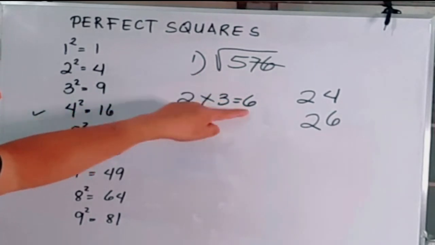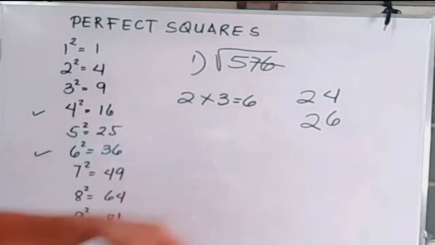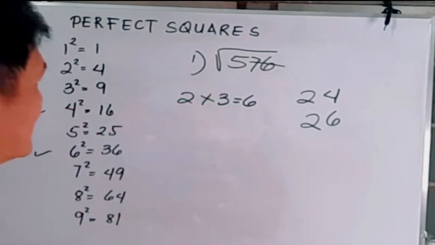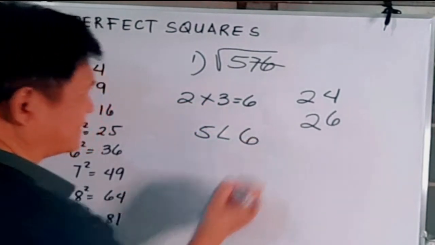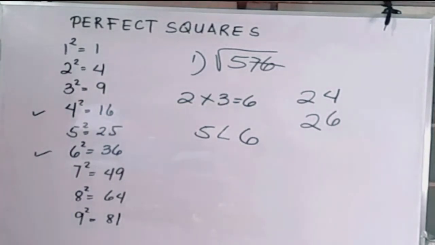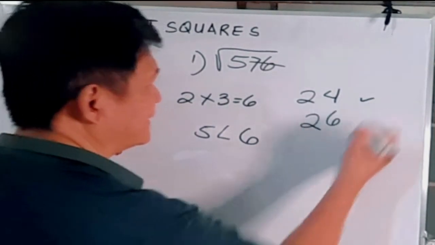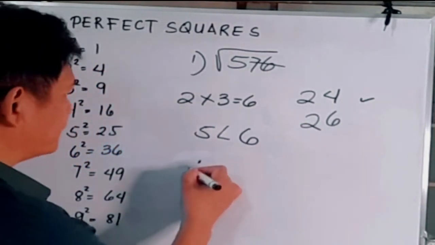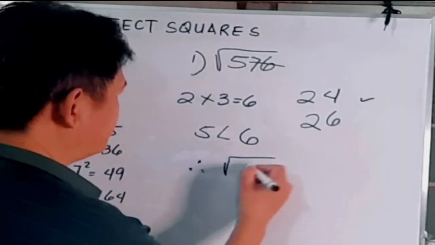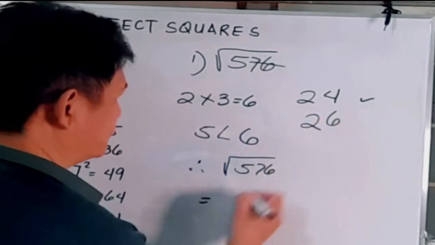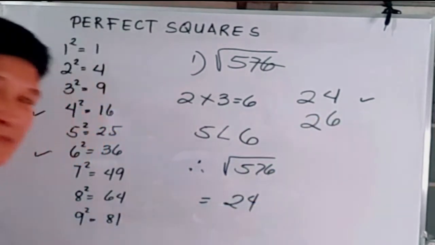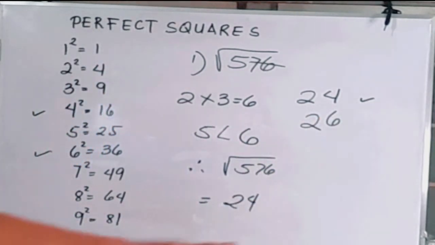Which one is bigger? 5 is less than 6. You get your final answer as the lesser number. Therefore, the square root of 576 is equal to 24. That is your answer.